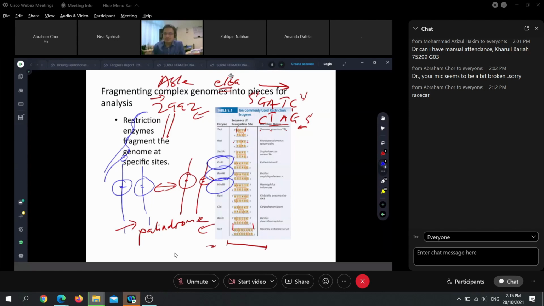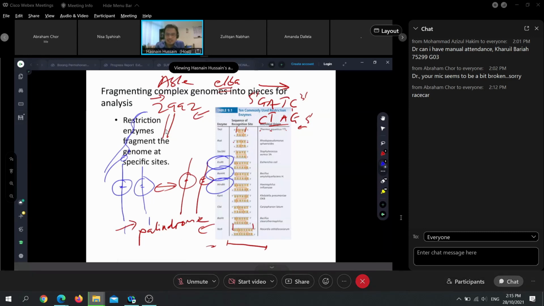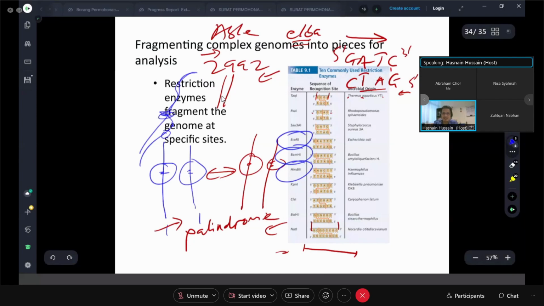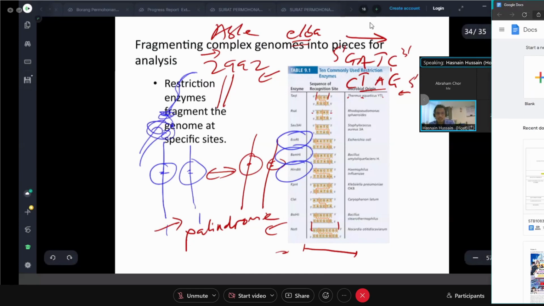Okay, you recall the chromosomes, and then you learned they are compacted. If they are uncompacted, then you can imagine all the restriction enzymes converge and try to find the position to cut the DNA itself, the double-stranded DNA, not the single. So that is the function of the enzyme.